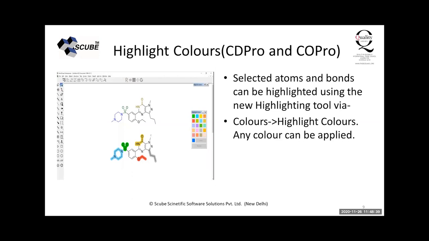So in the new version, they have incorporated highlighting colors. Any color you can apply to any bond, any atom, or any area of your drawn compound. This feature is included in ChemDraw Professional and ChemOffice Professional.